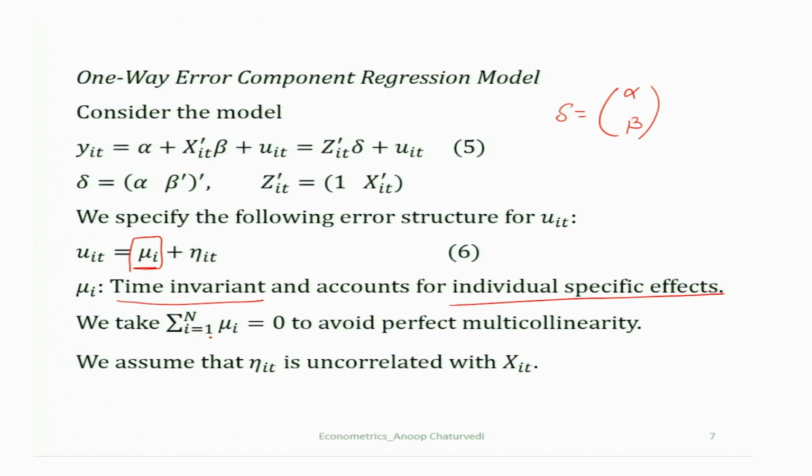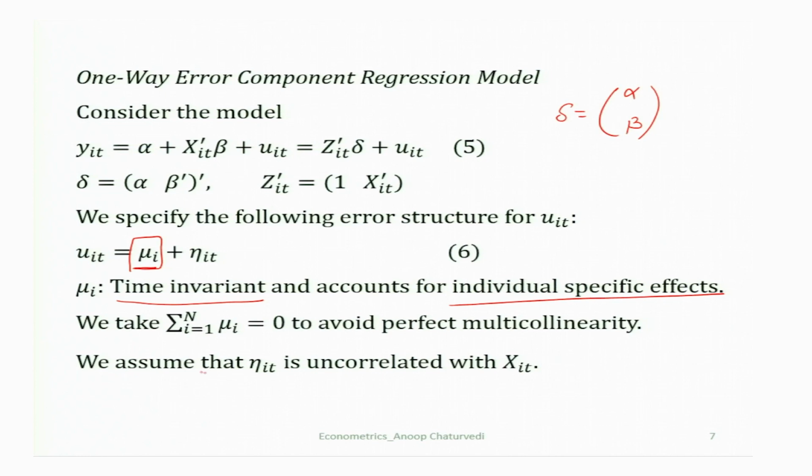Then we take summation i equal to 1 to N of mu_i equal to 0 to avoid perfect multicollinearity. If you do not take the summation of mu_i equal to 0, then you face the problem of multicollinearity, because you have this intercept term also.